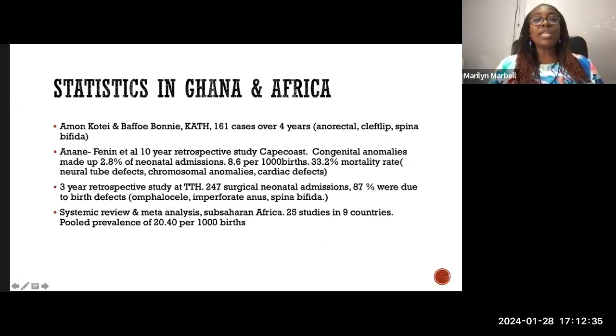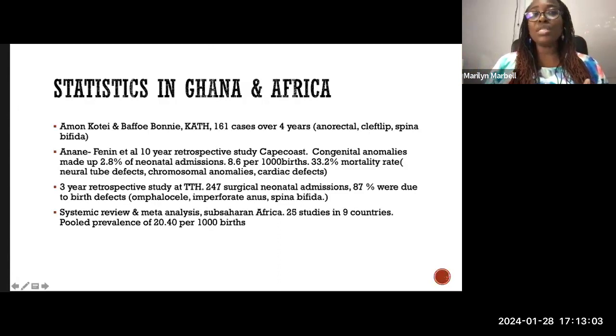Okay, so in Cape Coast, Anani Fening and a few others looked at a 10-year retrospective study. So they looked 10 years back at the Cape Coast Teaching Hospital and looked at their surgical departments and their neonatal departments.